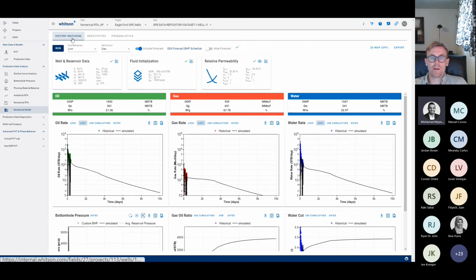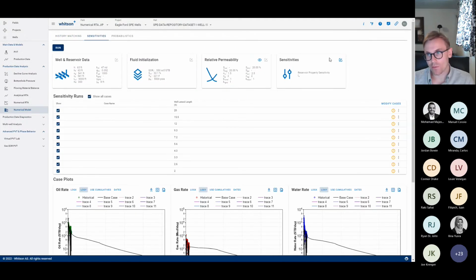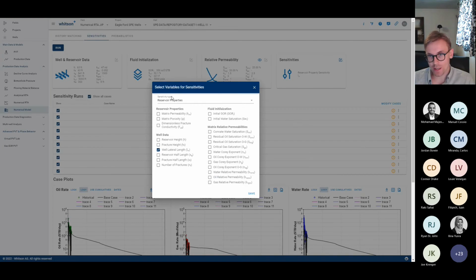Yes, maybe you can show the new feature of sensitivities where you can compare different drawdown scenarios. Yeah, that's another good one. In the sensitivities, this is if you want to run sensitivities on reservoir properties.